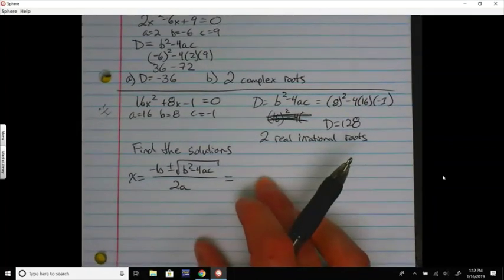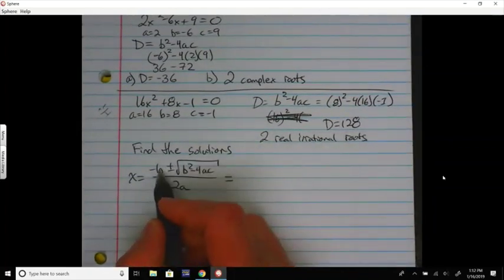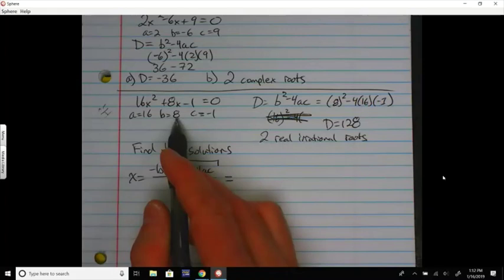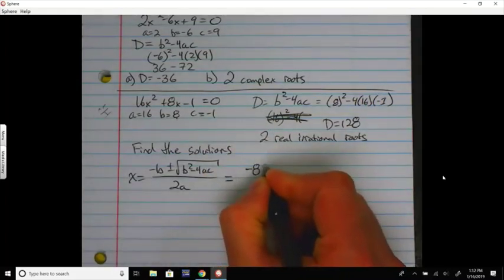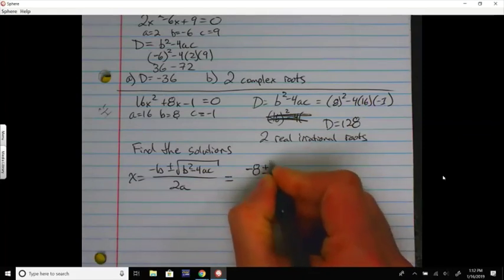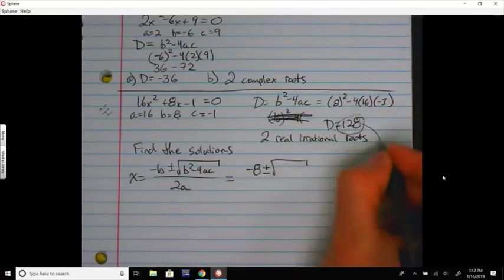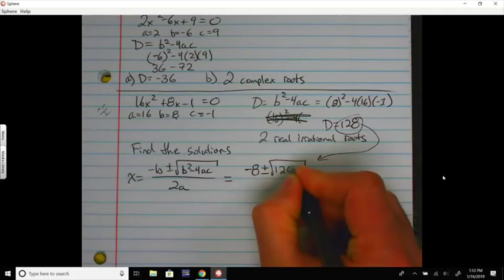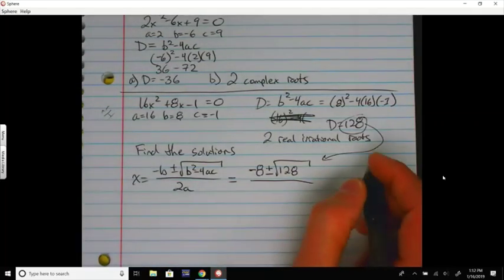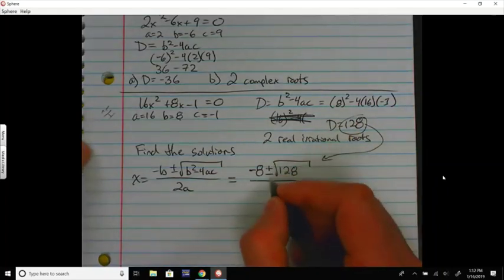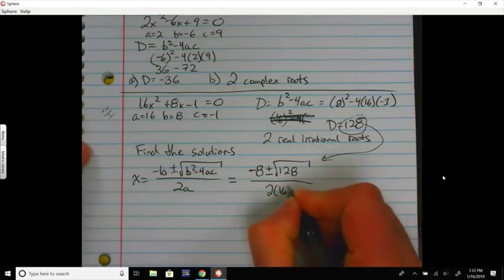So the opposite of b is negative 8, plus or minus the square root of 128, all over 2a, which would be 2 times 16.